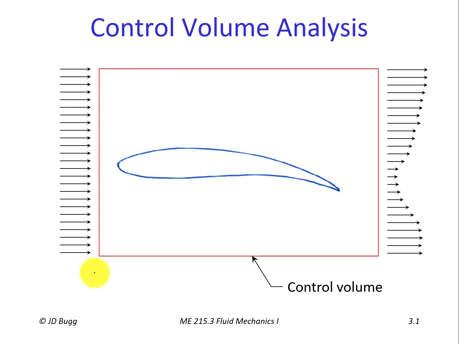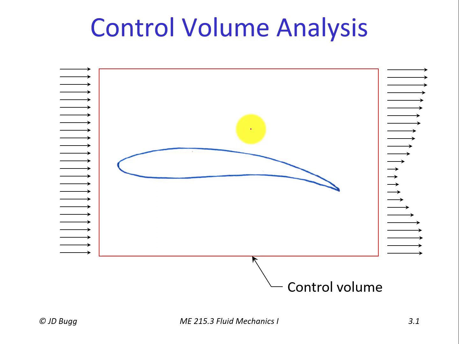Instead, it identifies a control volume, looks at the properties coming in and the properties leaving, in this case momentum, and from that figures out what the force inside of the control volume had to be. So that's the way we would do a control volume analysis to calculate the force on an object like this.